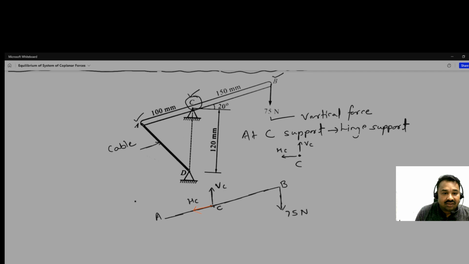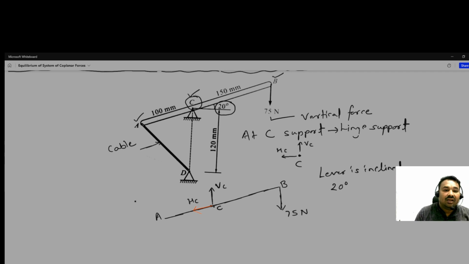As the hinge is here, you can see how it is acting. It is not inclined, however the lever is inclined. This lever is inclined, okay, and how much inclined? It is 20 degree. You can see here in the figure, 20 degree it is inclined.